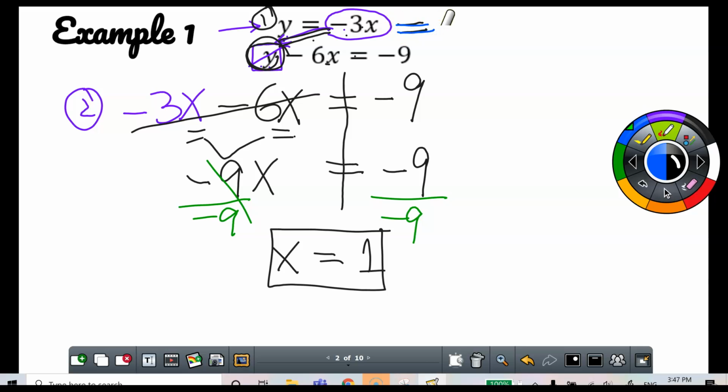So plug 1 into the place of x. So y equals negative 3 times x equals negative 3 times 1, because x equals 1. And calculate it. Negative 3 times 1 is negative 3. So x equals 1, y equals negative 3 is your solution for the system of equations.